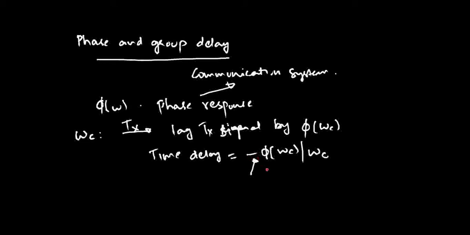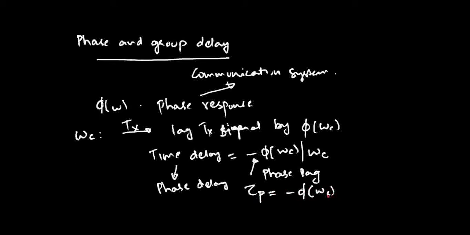The negative sign indicates phase lag. This time delay is also referred to as phase delay, and is denoted by tau p, which is equal to minus phi of omega c by omega c.